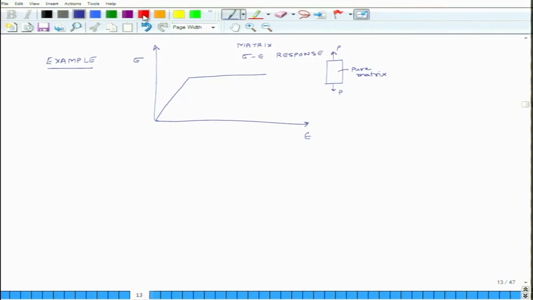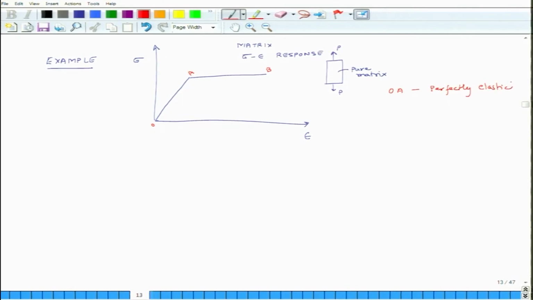Initially it is perfectly elastic. This matrix material's stress strain response has two parts. OA is perfectly elastic.